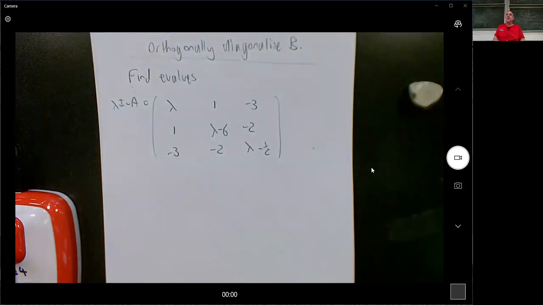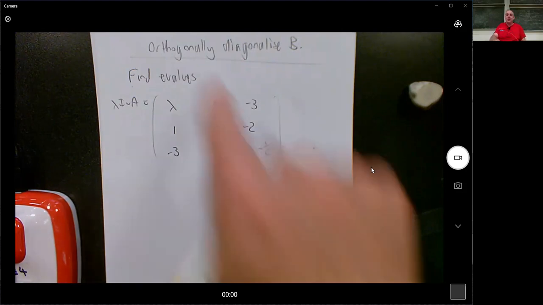Should have put more zeros in there. The nice thing about symmetric matrices is they're guaranteed to have real eigenvalues. It's very annoying when you have complex eigenvalues. But a symmetric matrix is guaranteed to have all of its eigenvalues being real if you put real numbers in.